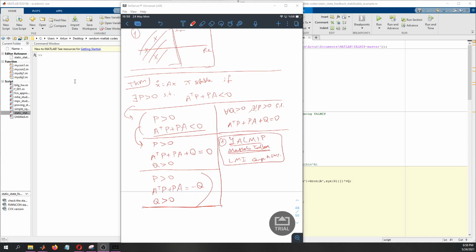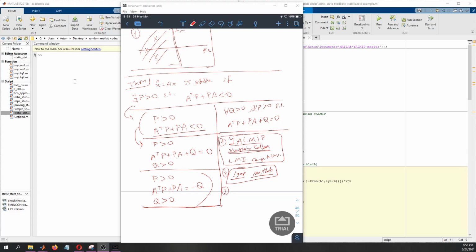And if you don't want to use YALMIP, there is also the lyap command in MATLAB, for which you don't need any toolbox.